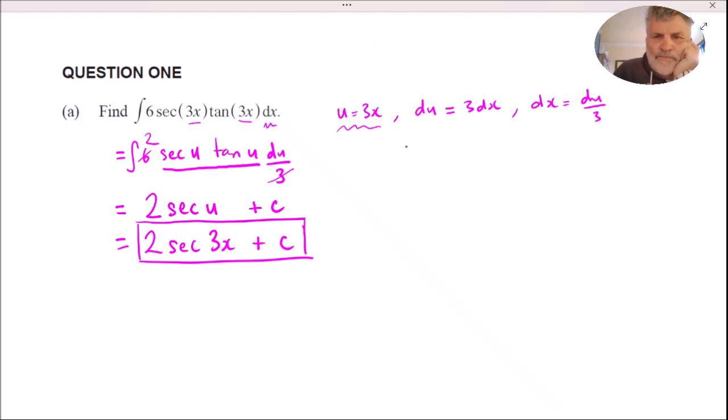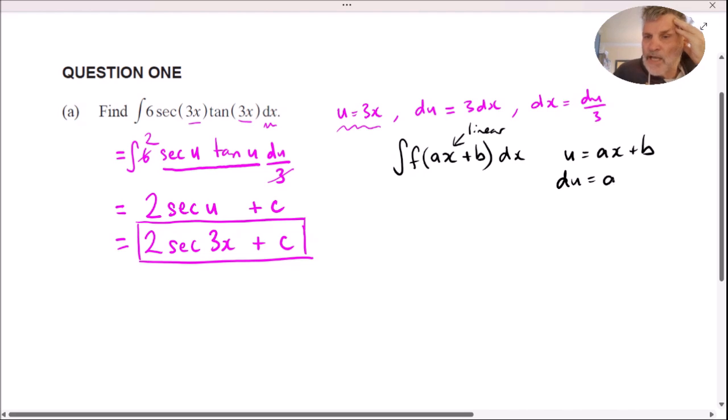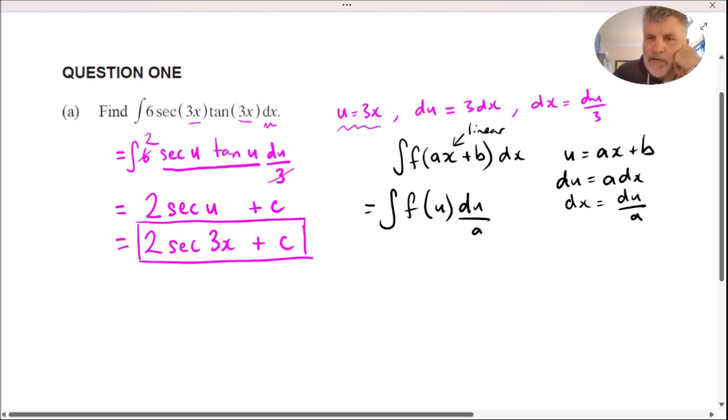If you have an integral of f of ax plus b, a linear term, then by doing the substitution u equals ax plus b, you get du equal to a dx, or dx equal to du divided by a. Then this integral becomes the integral of f of u du divided by a.